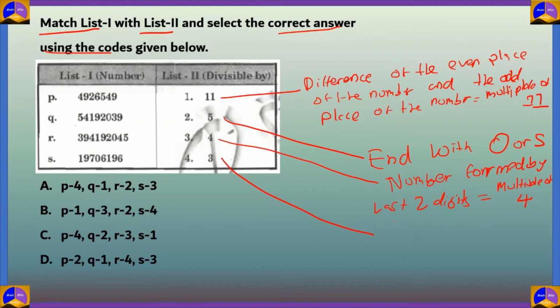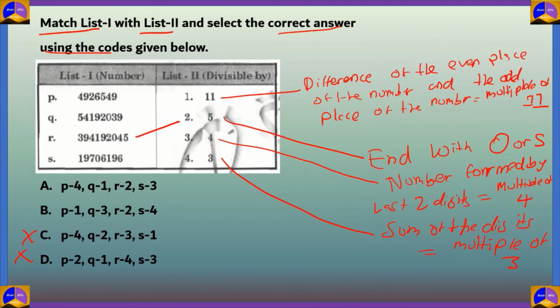And for 3, it is that the sum of the digits will be a multiple of 3. Now, if we check the numbers ending with 0 or 5, the only number we get is R. So we can match R to 2. Now the options with R matched to 2 are A and B, so we can cross out C and D.